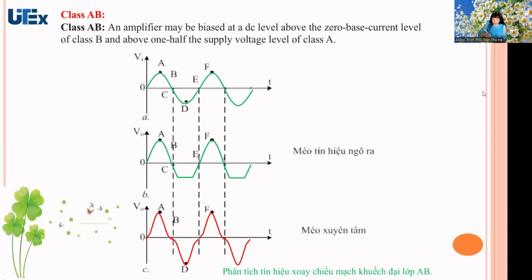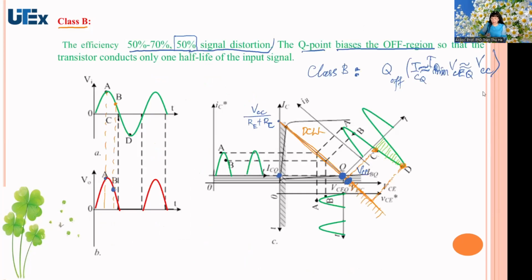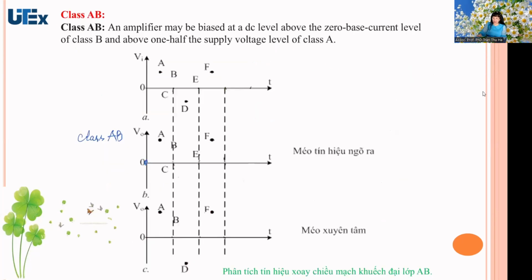You can see here, if you design this here, we call it class AB. It's a mix of A and B.